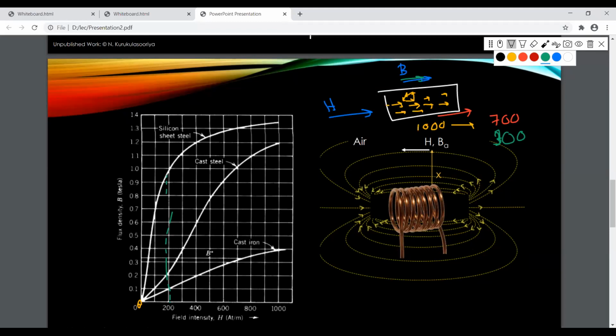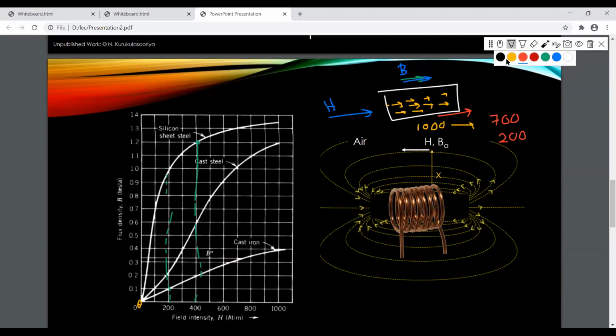Now, when you increase this, let's say you are going to increase this to 400. Out of this 300 domains, another maybe 200 would be rearranged in the direction of the field intensity, as you are increasing the intensity now.